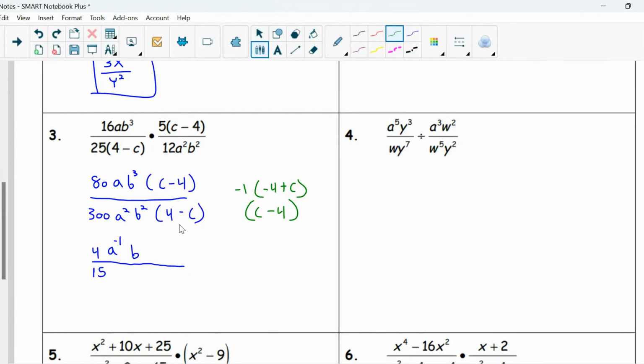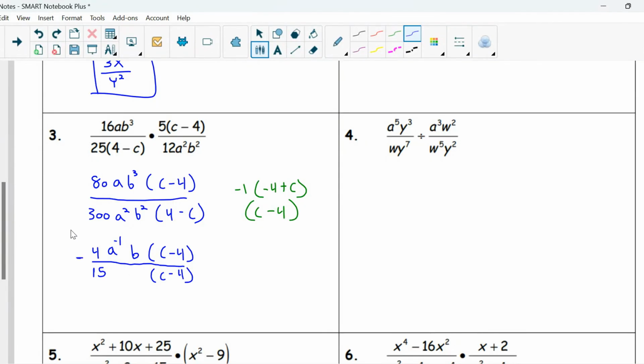So looking at this, if I was to multiply my denominator by negative 1, I would get an equivalent statement to my numerator. So what I'm going to do is I'm going to make my whole fraction negative, and then I'm going to flip this around. So that's going to give me c minus 4 over negative 1 times this, which would flip my terms and would also give me c minus 4. We'll talk about this a little bit more in class together.